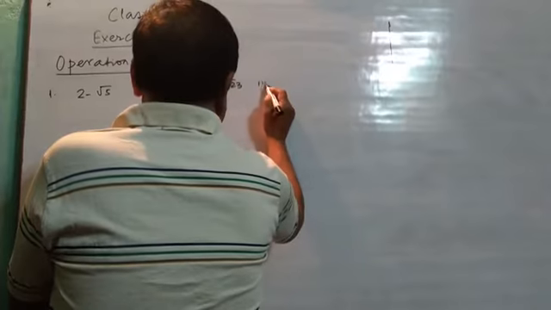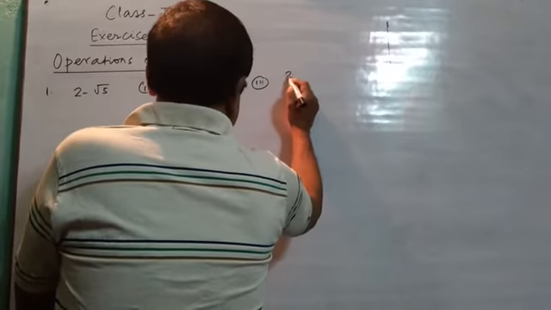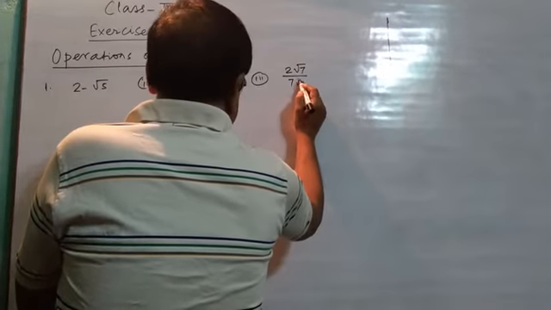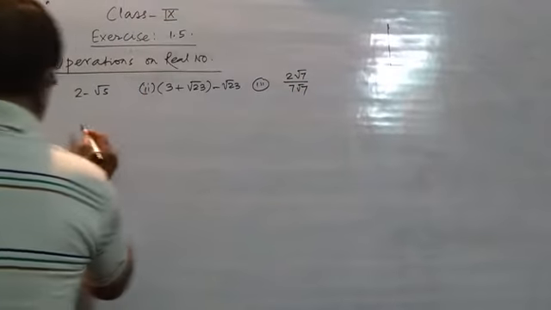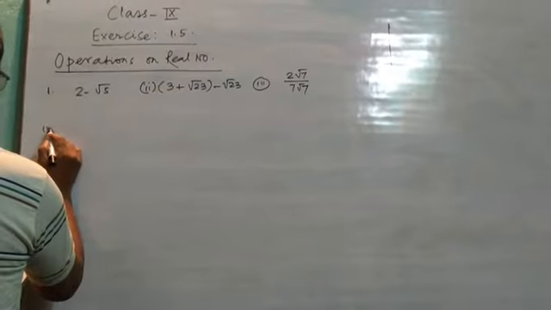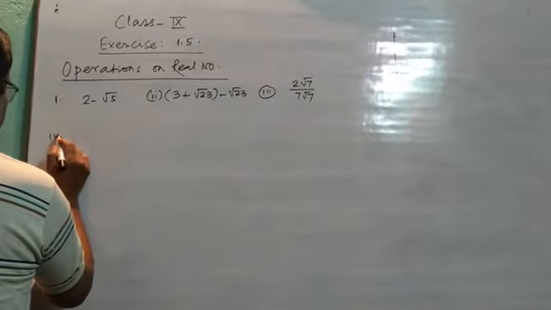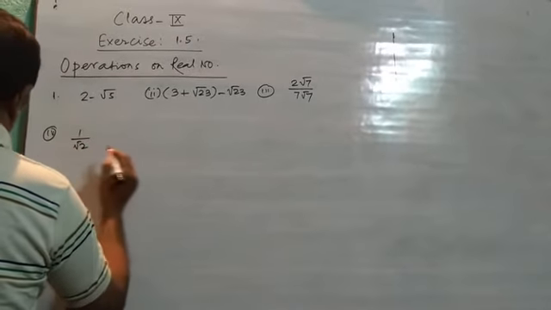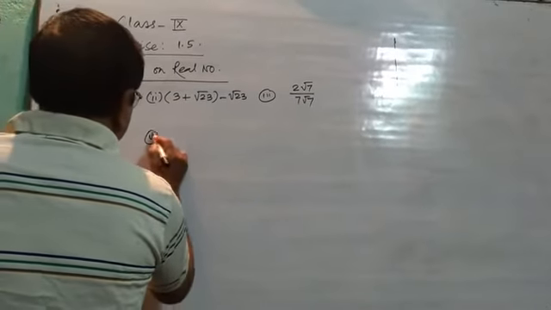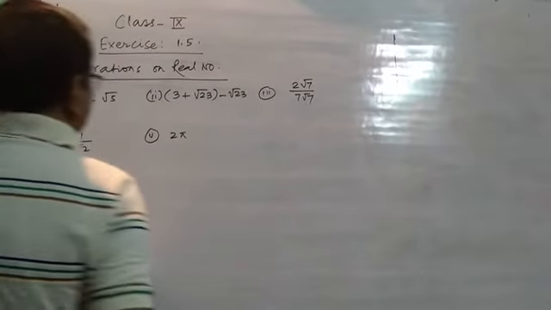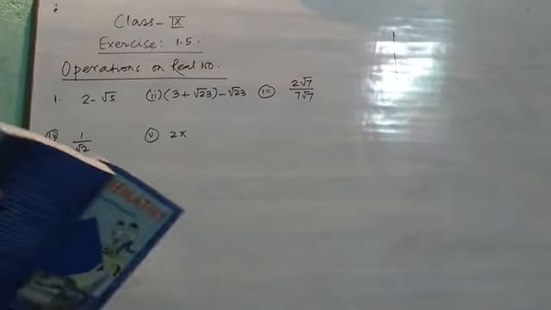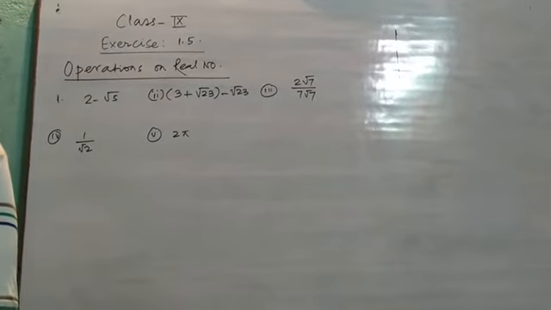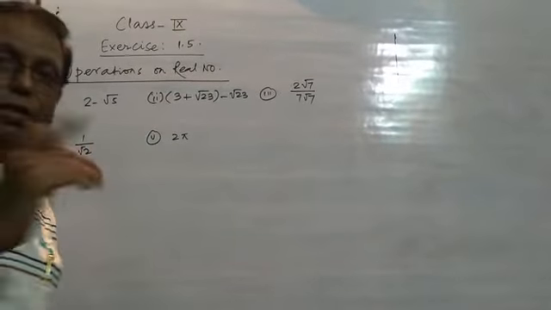Third one is 2 root 7 upon 7 root 7. The fourth one is 1 by root 2. And the fifth one is 2 pi. So 5 questions are there. We have to classify them as rational or irrational.